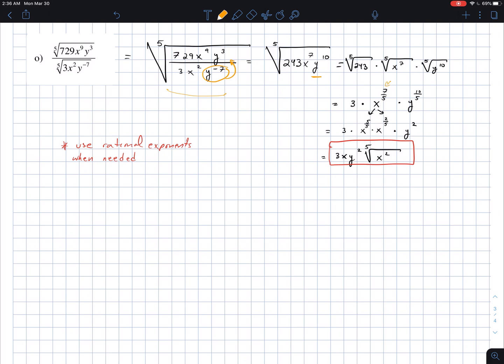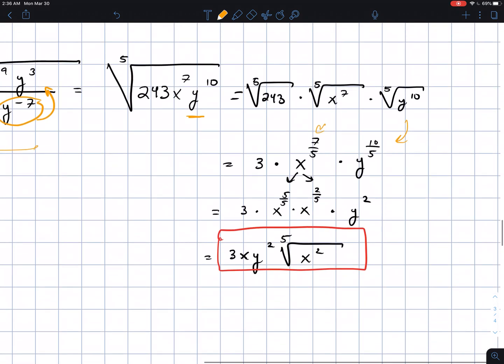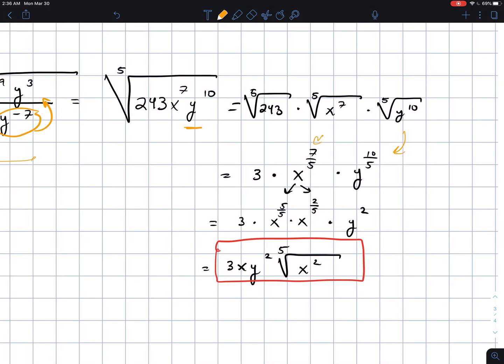So I rewrote y to the 10th right away, and x to the 7/5 right away. I changed them right into rational exponents. And the reason why is, if I can just zoom in here for 1 second to give you a better view, you can see what I'm breaking 7/5 down into, right? 5/5, which we know is what? 1.